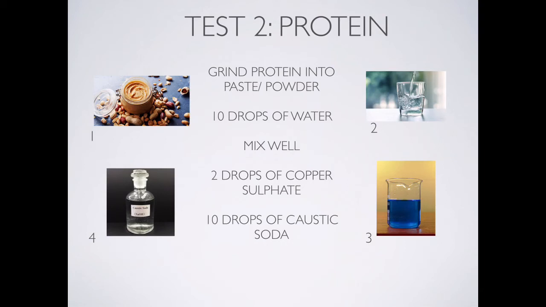That will be in a test tube. After you've added 10 drops of water, you're going to mix it. You're going to stir it. After you stir it, you're going to need 2 drops of copper sulfate solution and 10 drops of caustic soda.